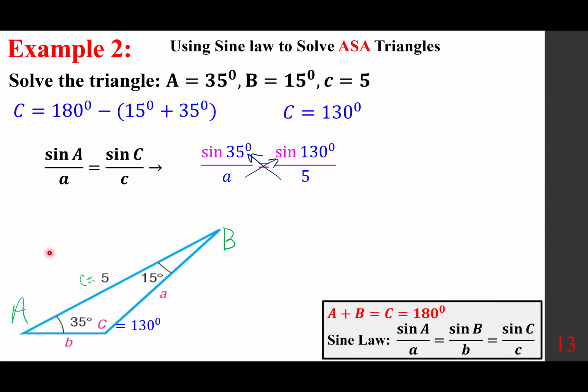Cross product means a times sine of 130 is 5 times sine of 35. So 5 times sine of 35 divided by sine of 130 is the answer.